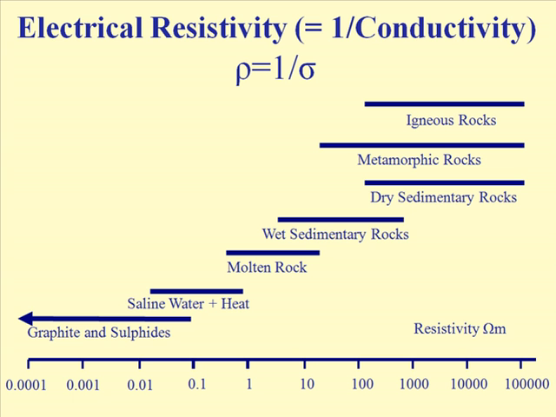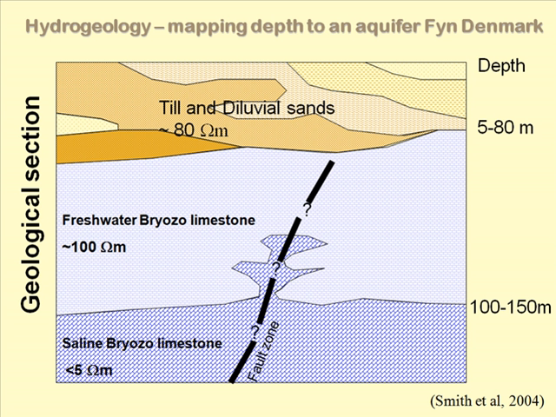Returning now to our diagram that shows the resistivity of different rocks. We've talked about sulfides, and we've talked about a graphite example. The first example I showed you was a graphite example. Now I want to talk a little bit about saline water. The example I'm going to show you is from Denmark, where you have a geological section that looks like this.